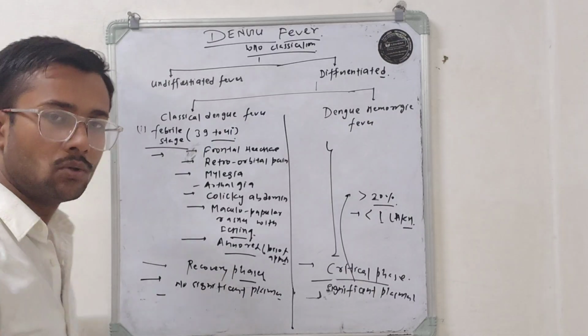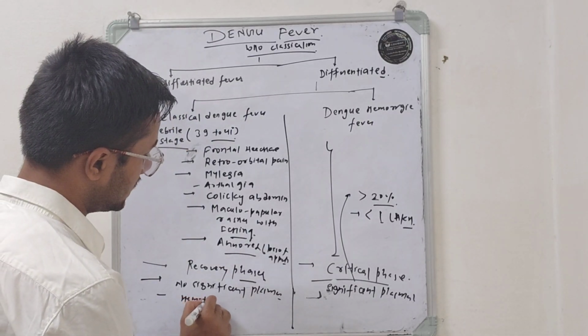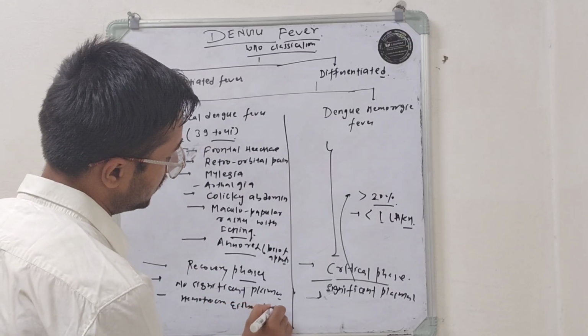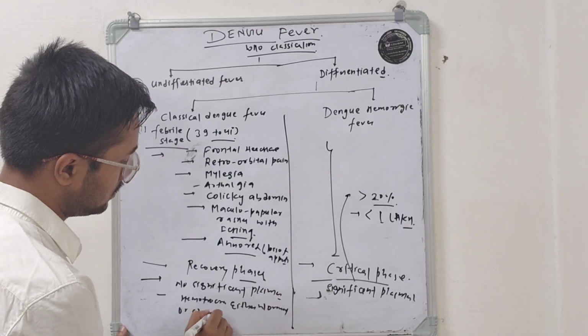So if there is no significant plasma leakage, the hematocrit level is either normal or slightly elevated.